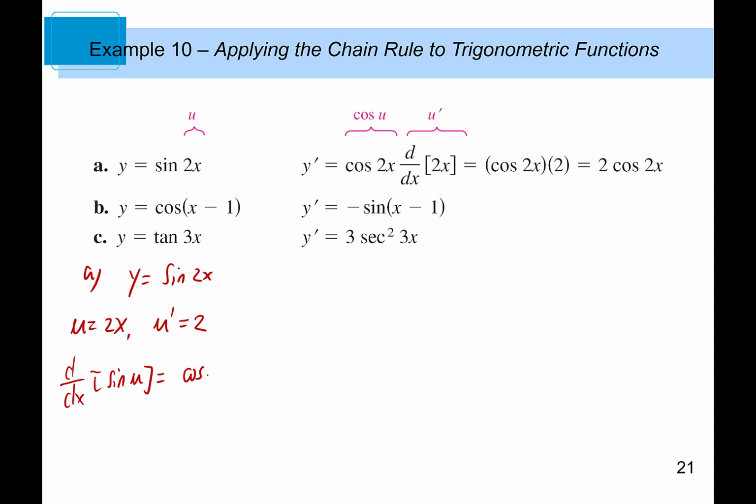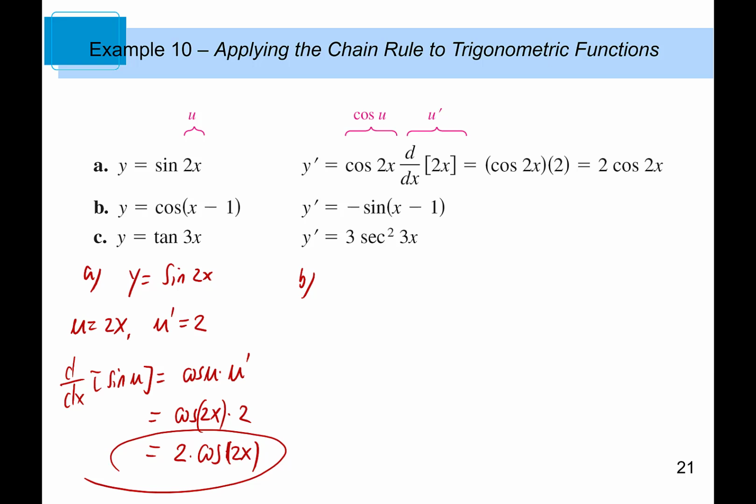Equals cosine u times u prime. And replace u and u prime with the given, so we get cosine 2x times 2. So basically just write 2 first, so 2 times cosine 2x. Okay, so that's your final answer.